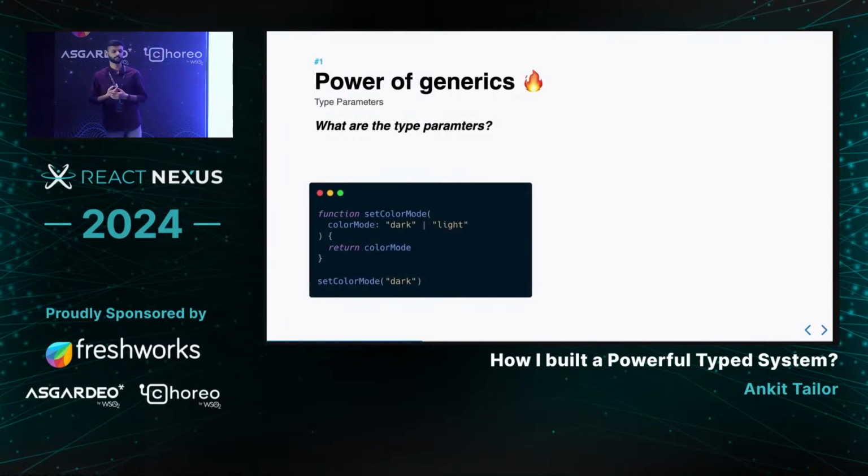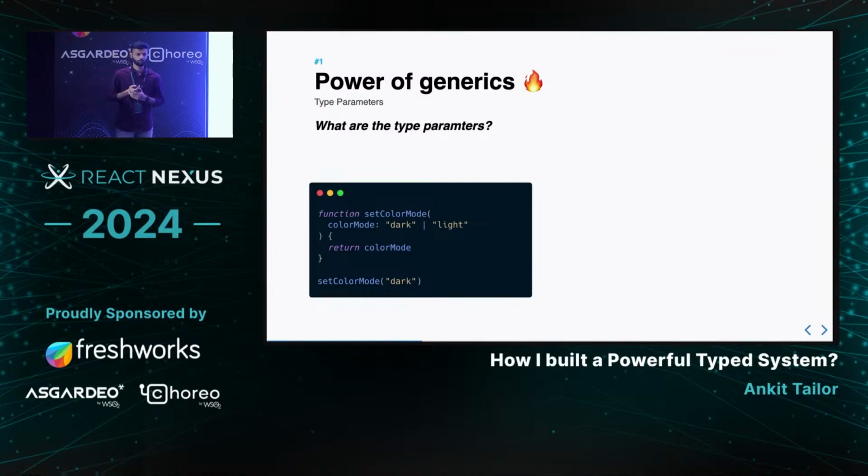We can use generics. Generics are nothing but type parameters. Think of it as one function that has one parameter, and you can use that parameter. Similarly, TypeScript can also have a parameter, and you can use it in your function.